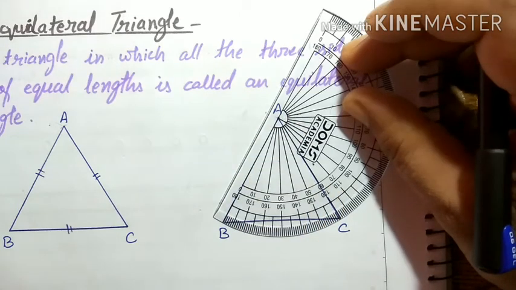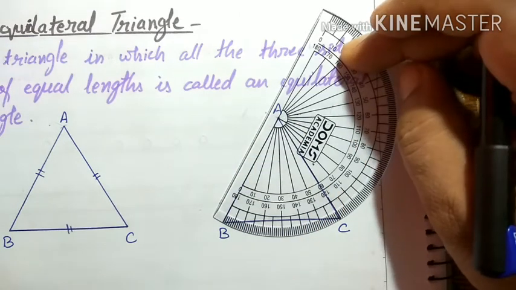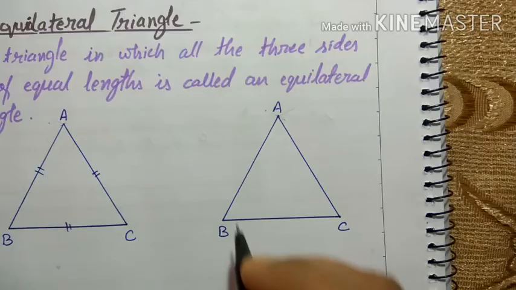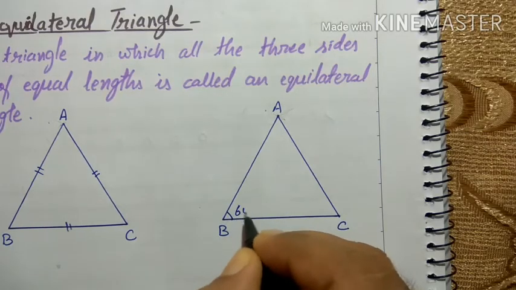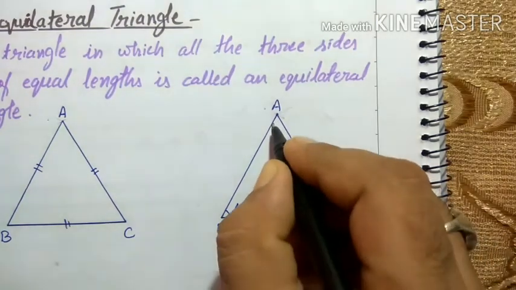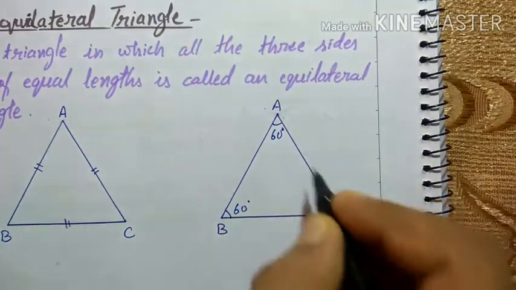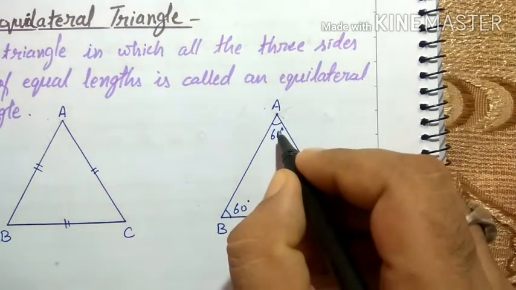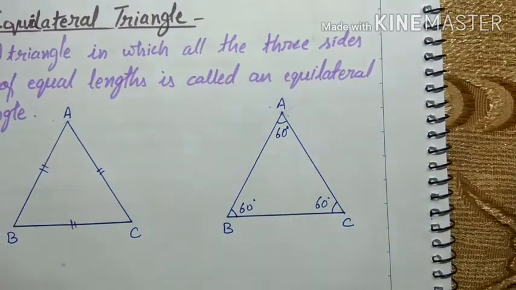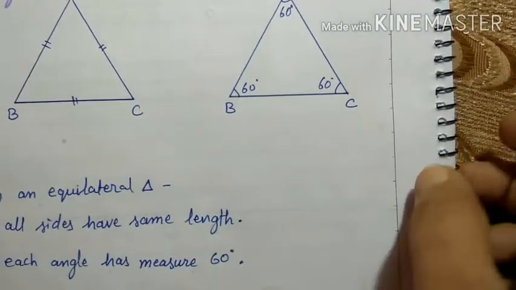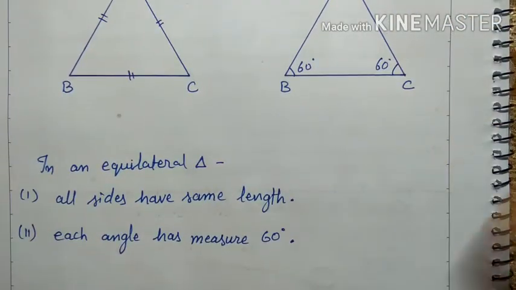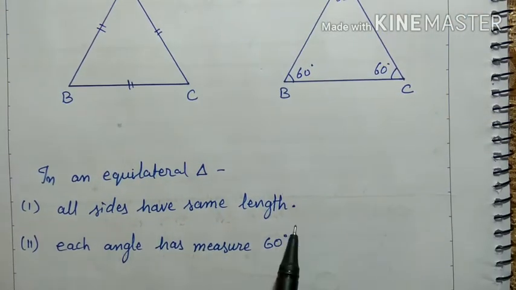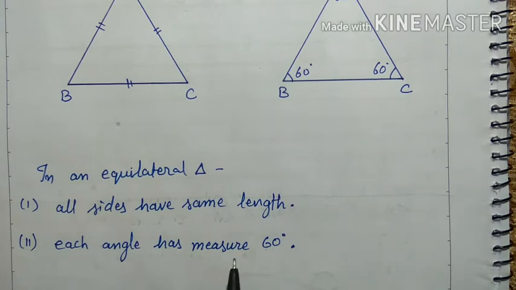So all the three angles are equal in measure and that is 60 degree each. That is, angle B is equal to 60 degree, angle A is equal to 60 degree, and angle C is also equal to 60 degree. So in an equilateral triangle, all sides have the same length and each angle measures 60 degree.